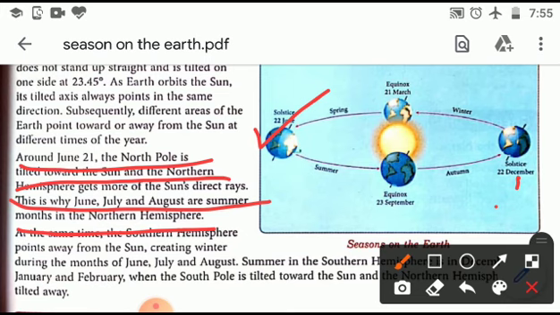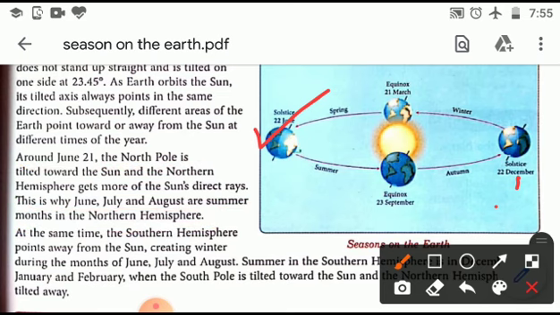Whereas on 22nd December, it is written here, the southern hemisphere points away from the sun, creating winter during the months of June, July and August.